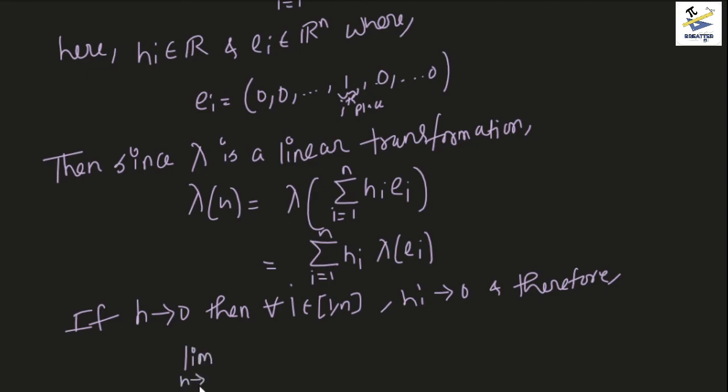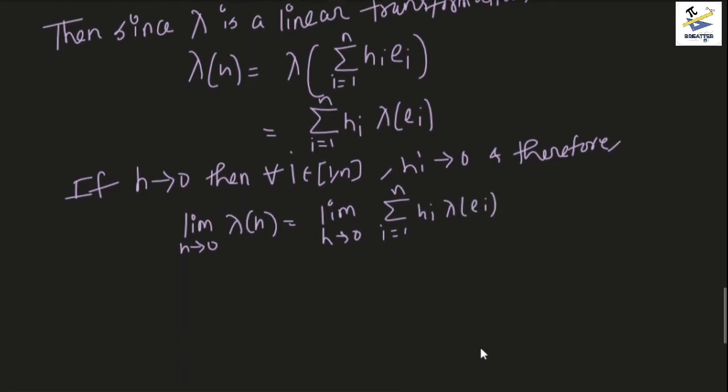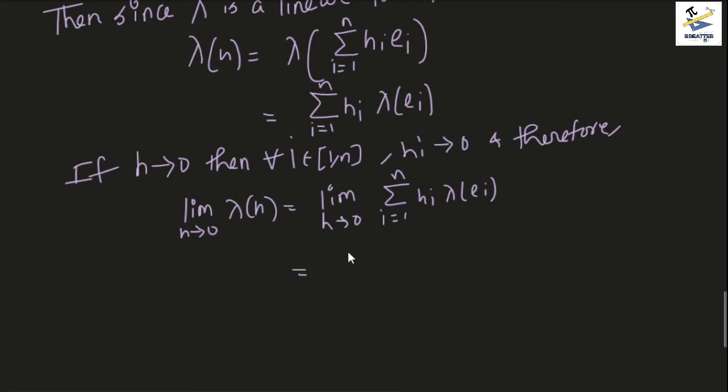limit h tends to 0 of lambda of h is simply limit h tends to 0, and this can be written as, and this term goes to 0, right?